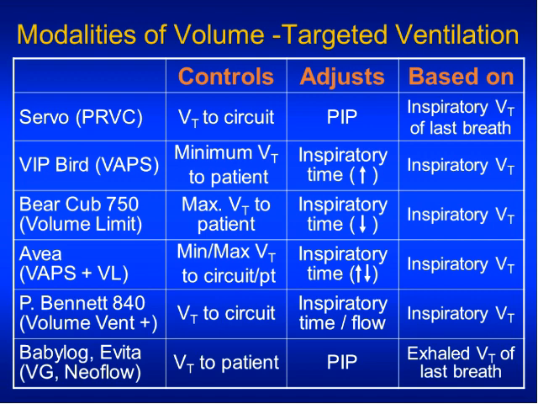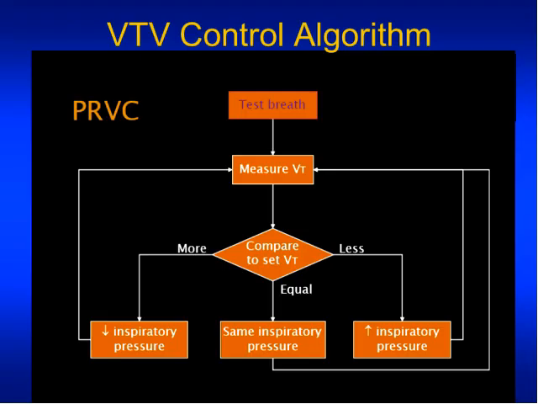But the basic principle of when you are going to adjust your inflation pressure is very simple. You start with an initial breath and sort of get a handle on where things are. You have a target tidal volume. You measure the actual tidal volume, and then you increase or decrease your pressure in the direction needed in order to bring the tidal volume in line with the target.